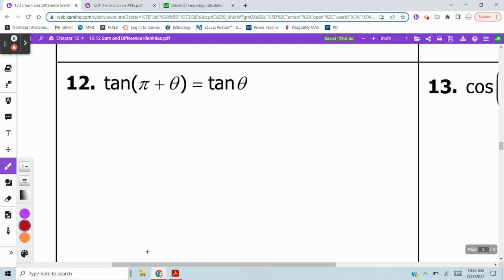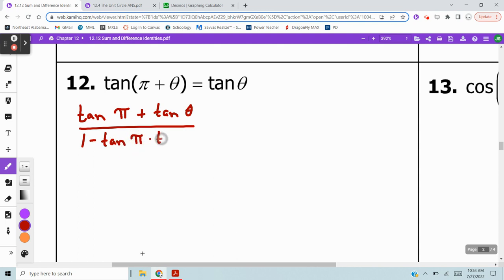So the tangent of pi plus theta, and let's go ahead and plug that into the sum tangent identity. That says the tangent of A plus B is equal to the tangent of A plus the tangent of B over 1 minus tan A times tan B. Now this one looks like it might be a little bit trickier.